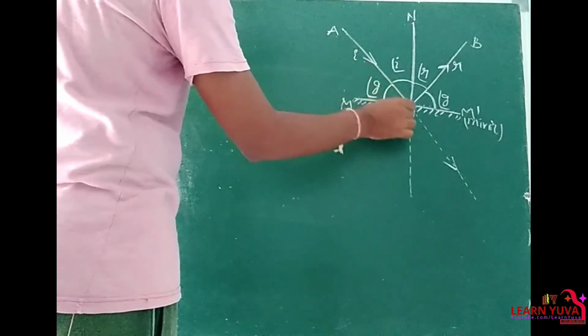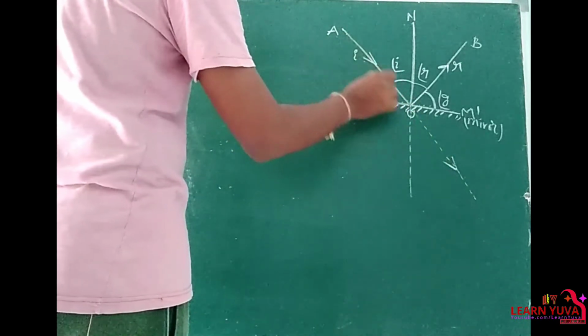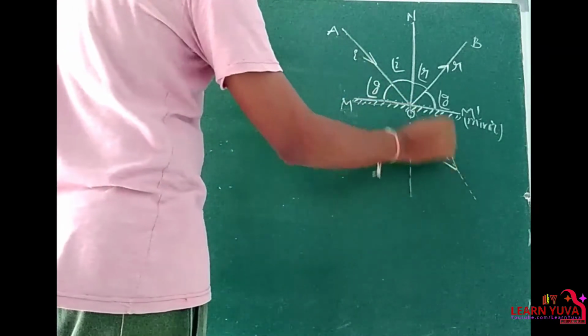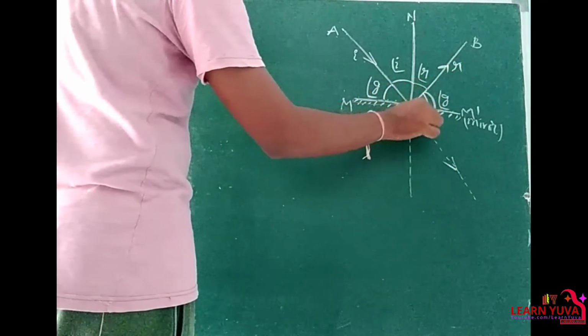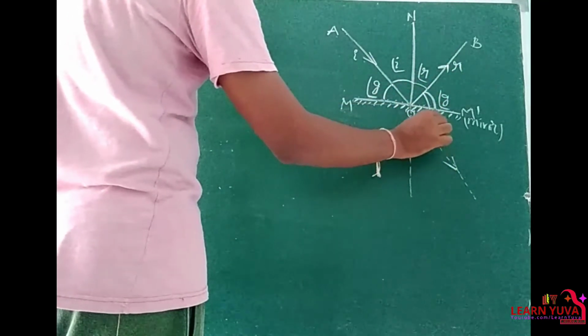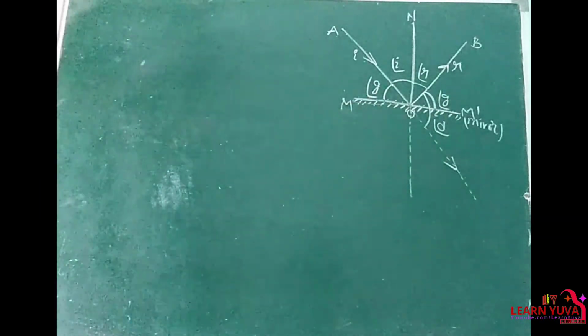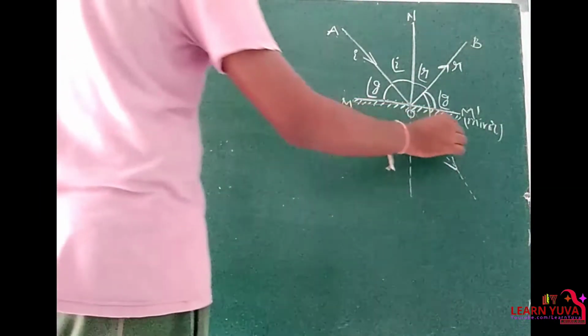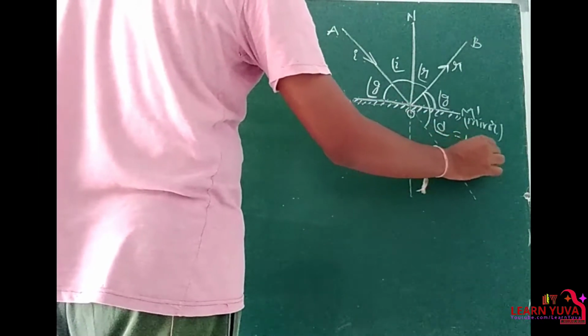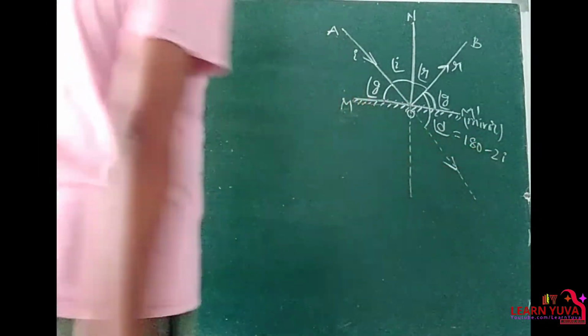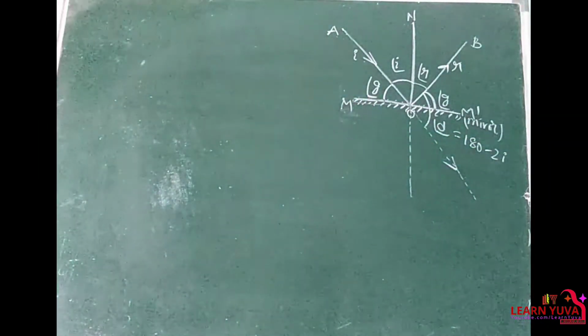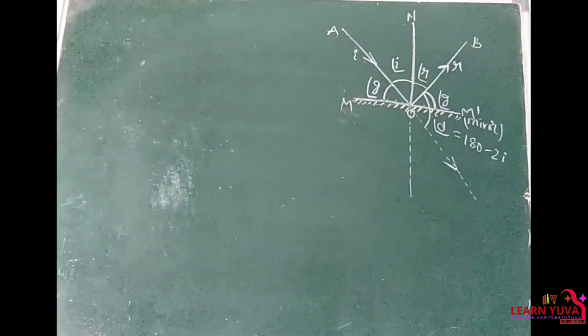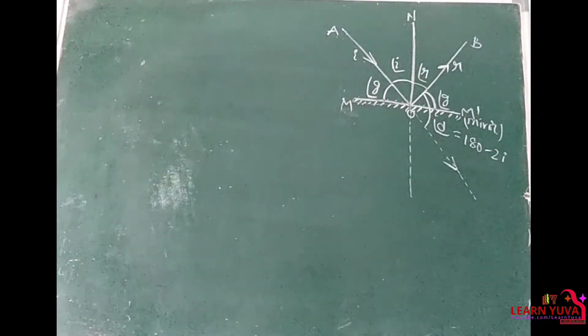So the angle made by the extended incident ray and the reflected ray is nothing but the angle of deviation. And this angle of deviation has the formula equal to 180 minus 2i. Later we will discuss this. Clear?